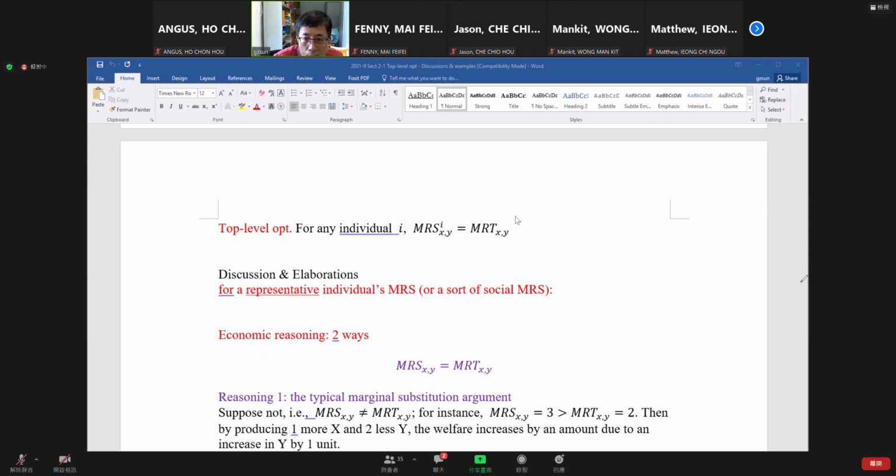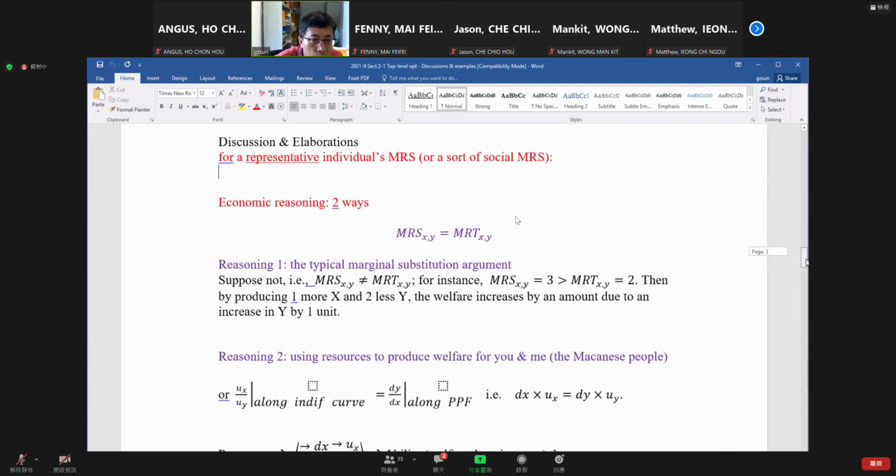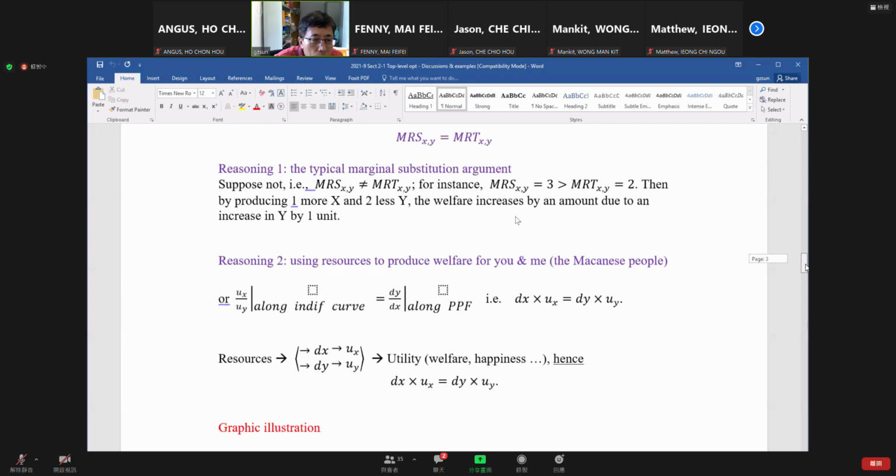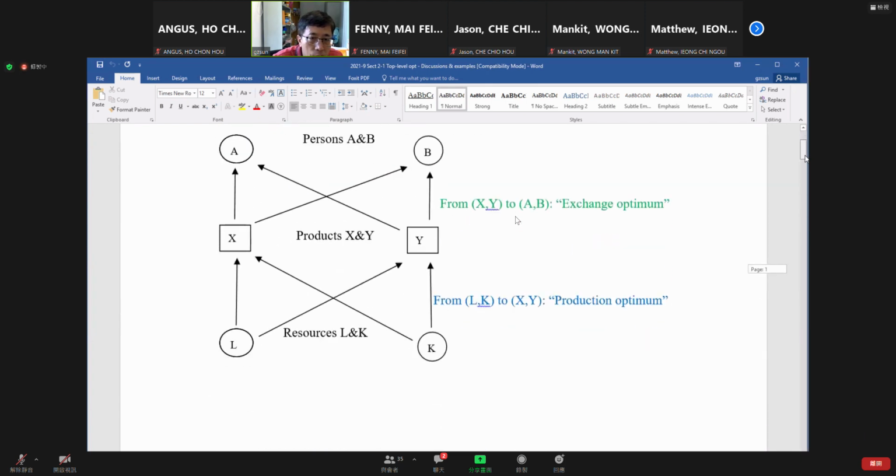So now, another way to understand this is also quite childish, but really straightforward. Let's turn back to the general picture.